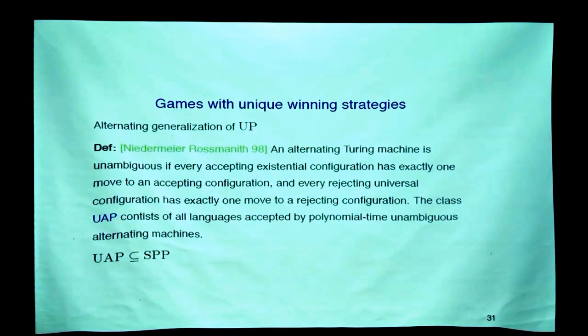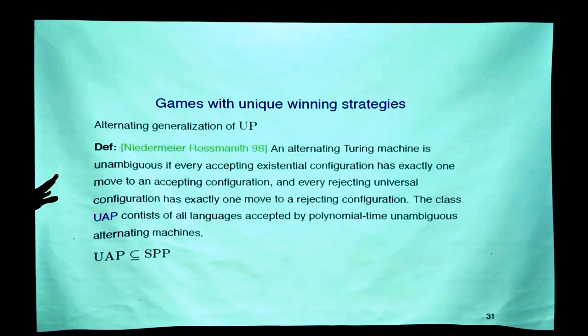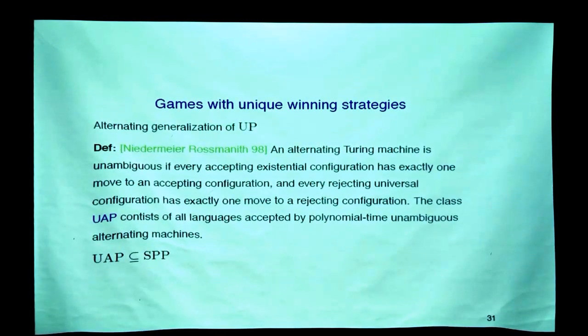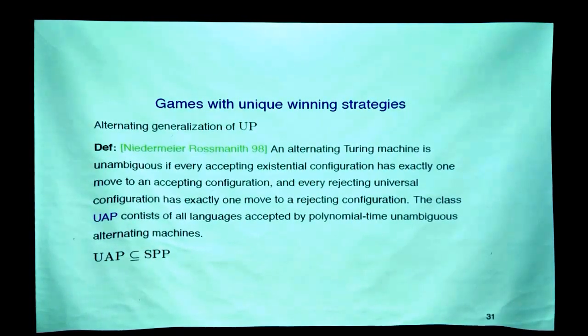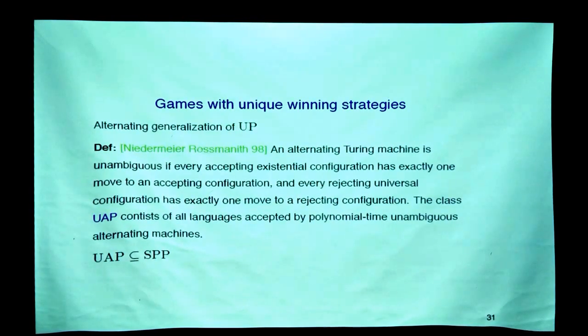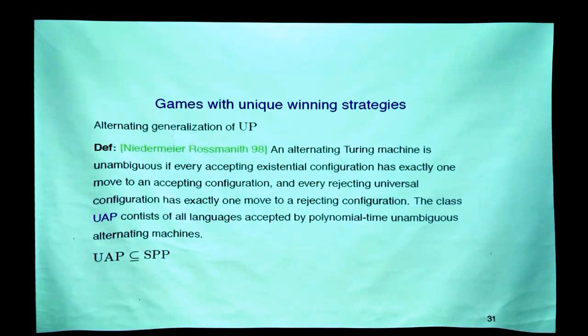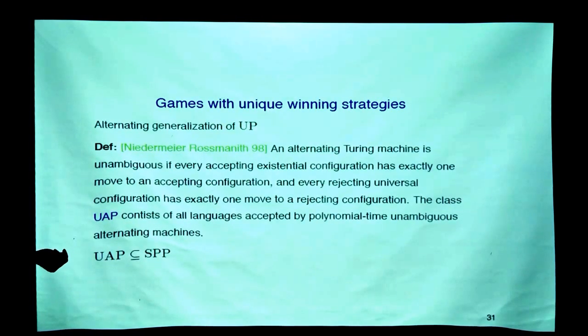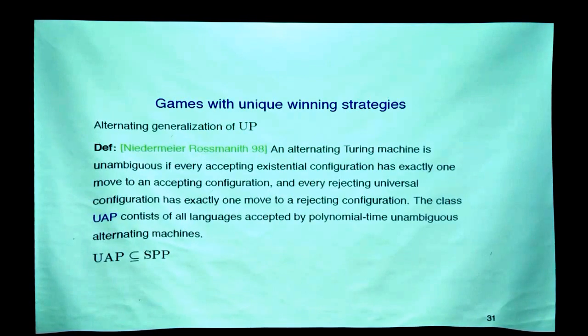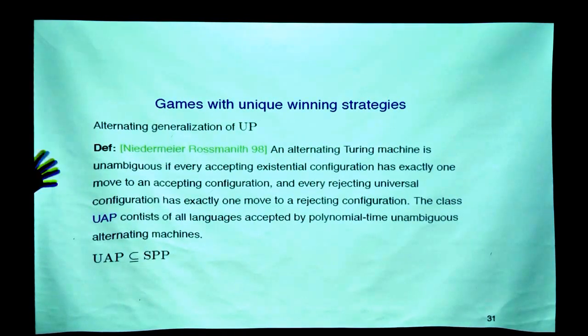So Niedermeier and Rossmanith extended this idea of UP to alternating machines, and this was motivated by games with unique winning strategies. If you think about, for example, a game where the first player has a winning strategy, but it is unique.